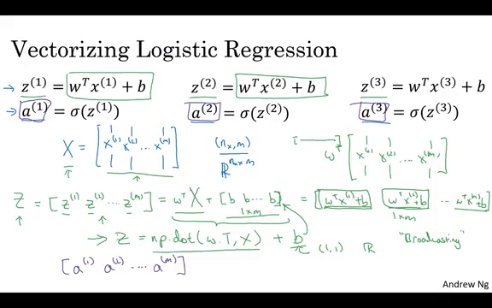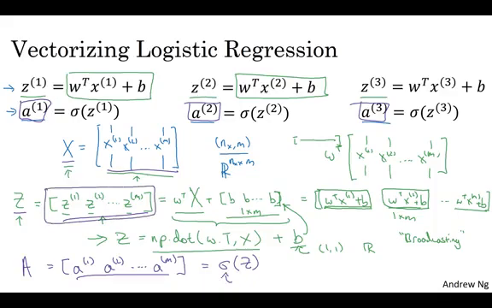And just as stacking lowercase x's resulted in capital X, and stacking lowercase z's results in capital Z, stacking lowercase a's is going to result in a new variable which we're going to define as capital A. And in the programming assignment, you see how to implement a vector-valued sigmoid function so that the sigmoid function inputs this capital Z as a variable and very efficiently outputs capital A. So you see the details of that in the programming assignment.